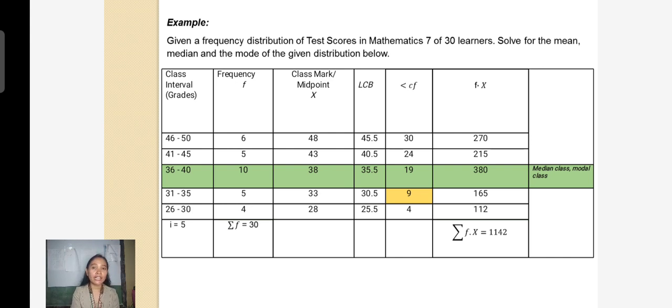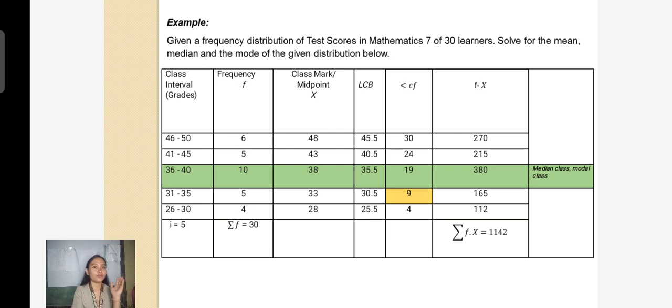There are many greater than 15, but none equal to 15: we have 19, 24, and 30. We focus on 19 because it is the least in your less than CF, the smallest, and it satisfies the result of n over 2, which is equal to or greater than 15.